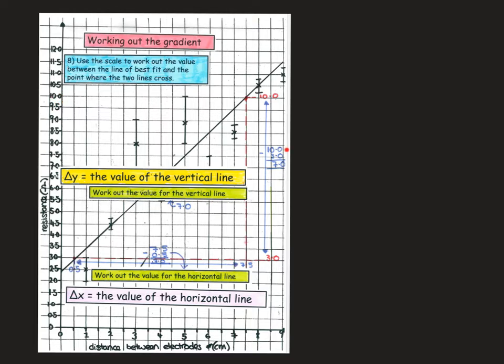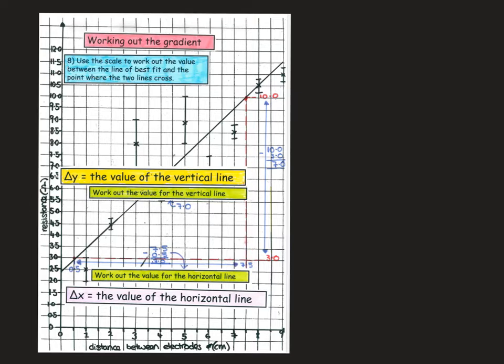So 10 ohms minus 3 ohms gives me 7 ohms. So the value of this change is 7 ohms, and when we write it in a minute, we're going to call that delta y. That's the change in y, 7 ohms.